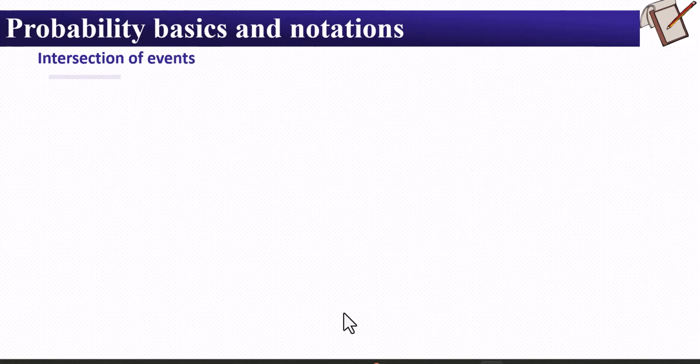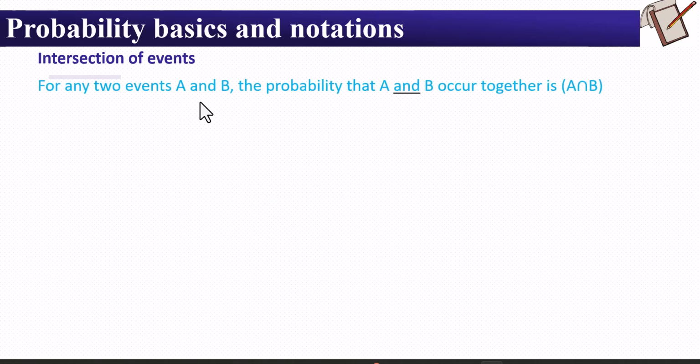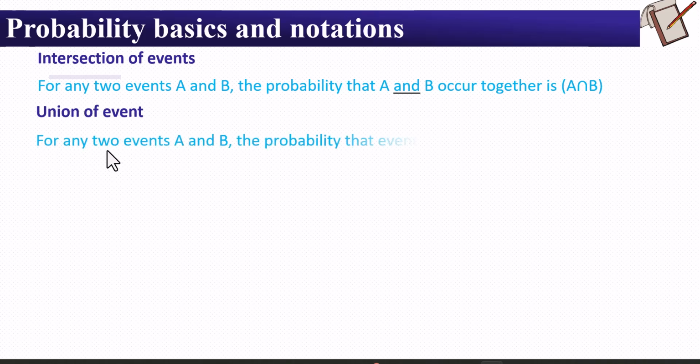And then, let's look at intersection of events. For any two events, A and B, the probability that A and B occur together is P of A intersection B. Then, union of events. For any two events, A and B, the probability that event A or B or both occur is P of A union B.